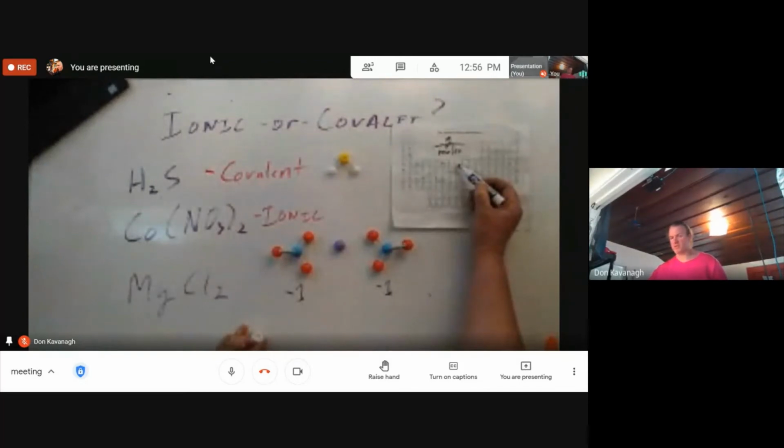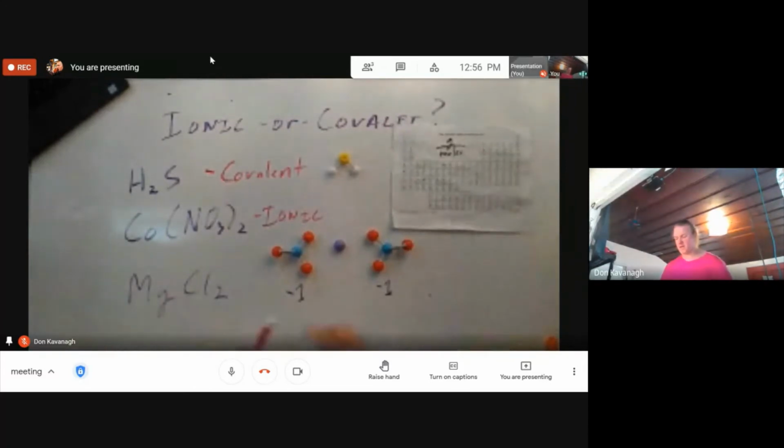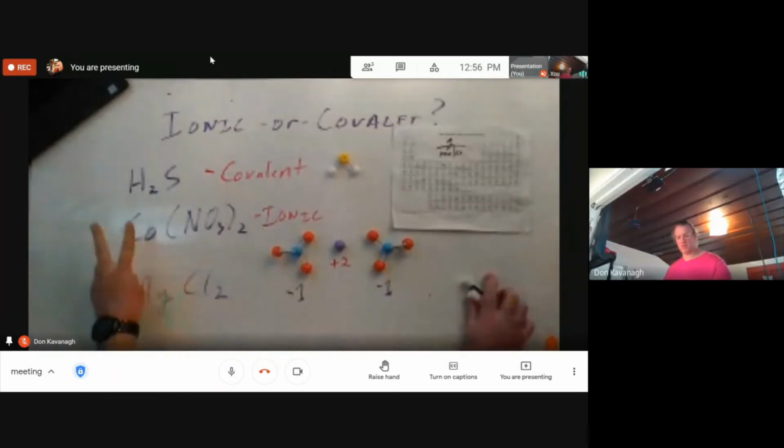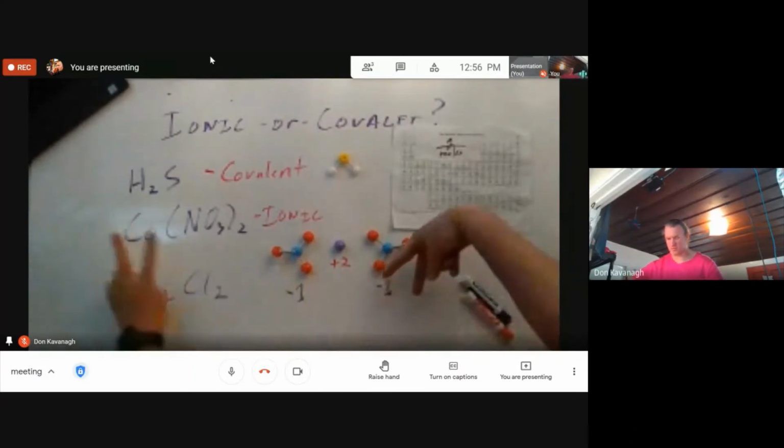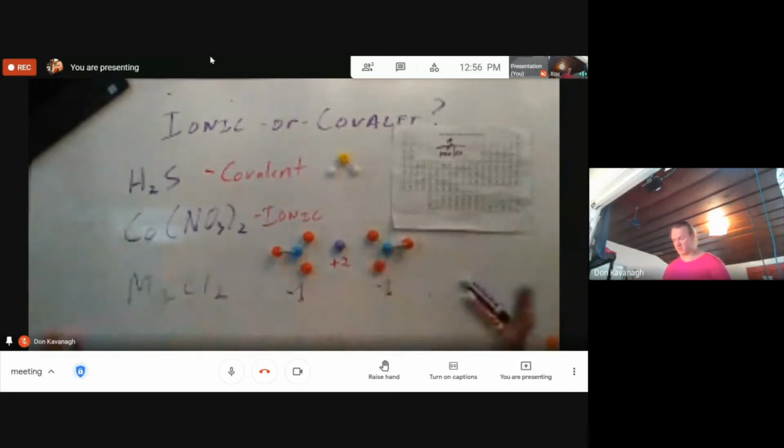So to predict whether this is a +1, +2, or +3, we don't have to predict. We can just do the math here. If this ionic compound has arranged itself to have a neutral charge overall, then this cobalt in the center must be a +2 charge. So the cobalt is a +2, which is equal and opposite to the -2 that the nitrates contribute, so they neutralize each other out there.